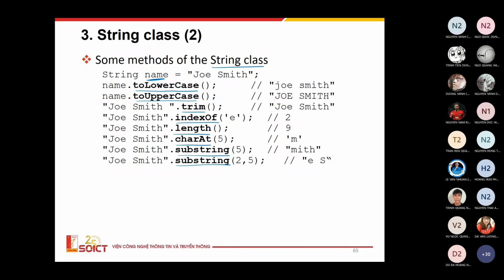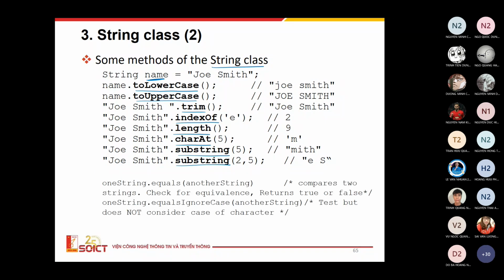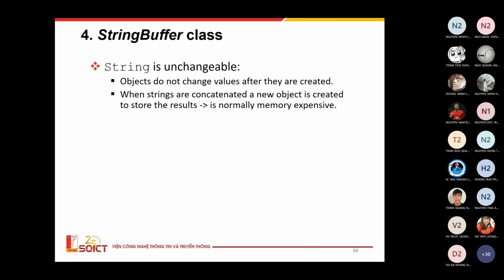You have also equals. The equals method here is already overridden, so it helps you to compare two string literals. And you can check equality ignoring case. Okay, there are some basic methods for the String class. And in Java, you have also the StringBuffer class.